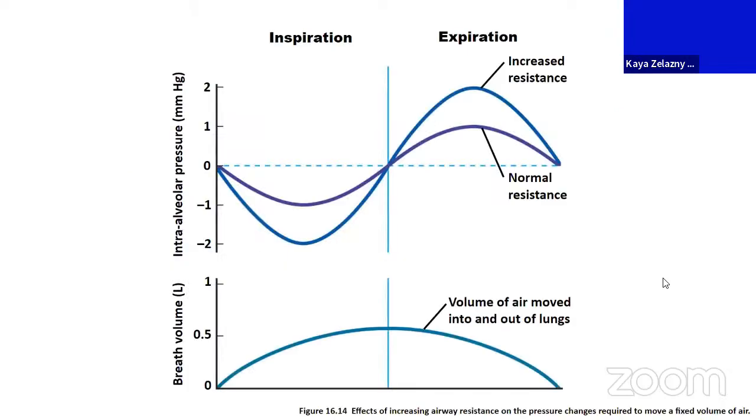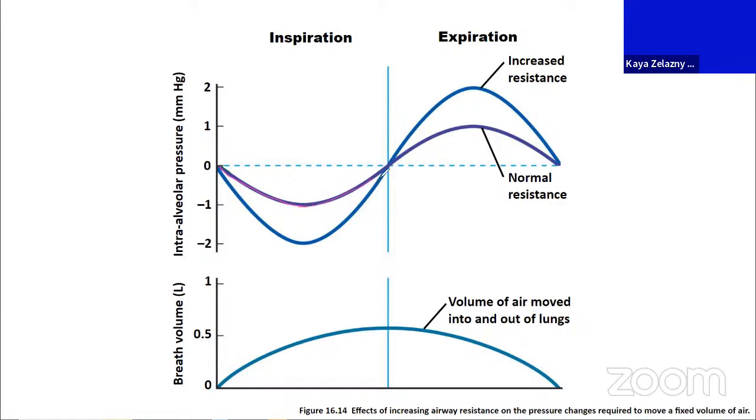Here's what would happen in the case that we do happen to change resistance, okay? So if we are looking at our normal resistance, that's this curve in the center. Usually under a normal resistance situation, our intra-alveolar pressure dips down to a minimum of -1, and that sucks air in towards that low pressure environment in the alveoli.